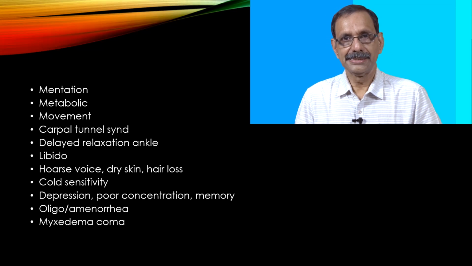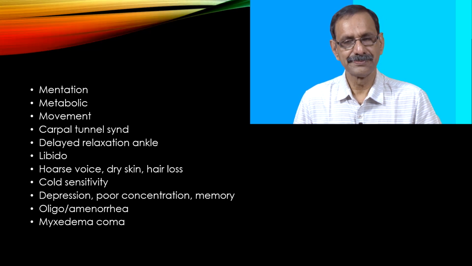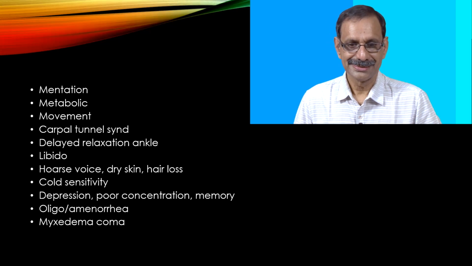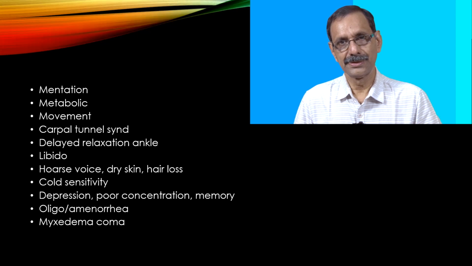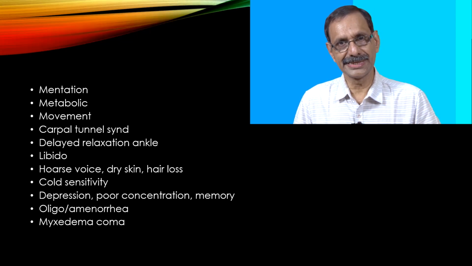Now as far as adults or the grown-up child is concerned, in acquired hypothyroidism, the three important features would be three M's: mentation, metabolic slowness and movement slowness. That will give you all the symptoms, like you do not feel like playing, you do not feel like studying, you feel sleepy, and your cognition actually comes down.